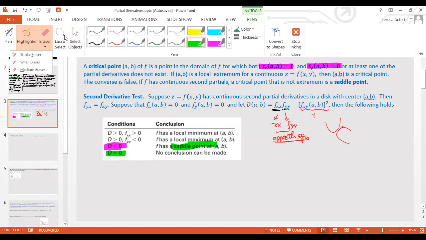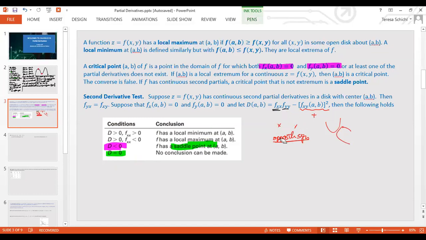That means fxx and fyy both have the same signs, and then you compare the fxx fyy change to the fxy change. If D equals 0, the change of here and the change of here are at the same rate. So I really cannot decide what this graph is about. That's why it says when D equals 0, no conclusion can be made.